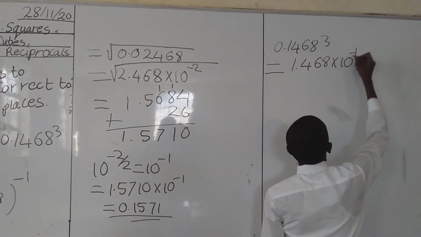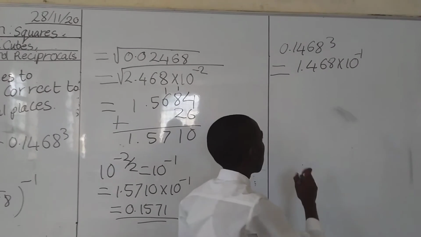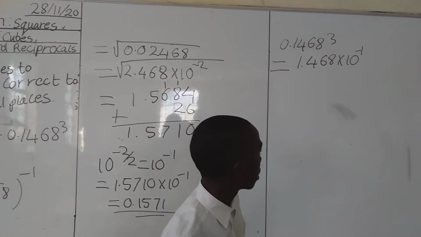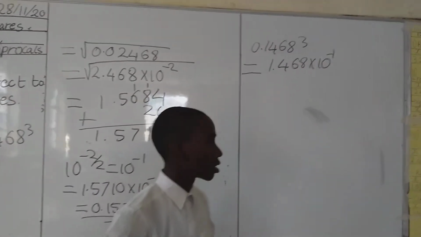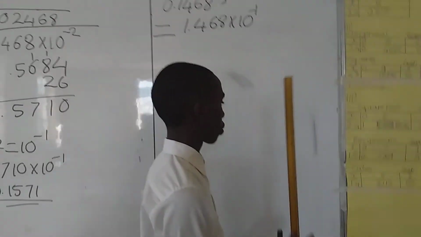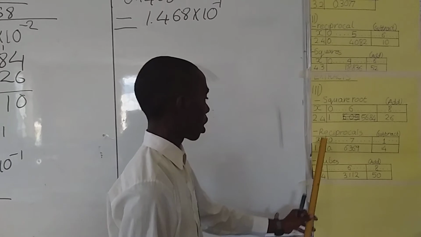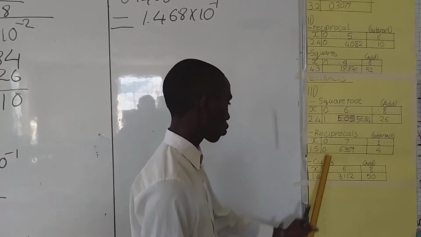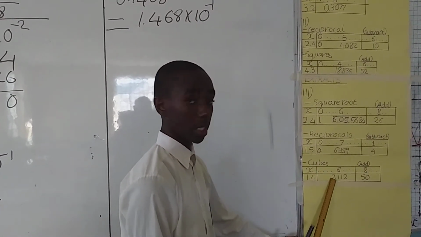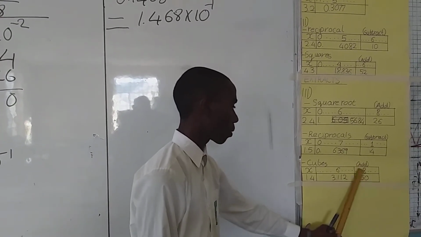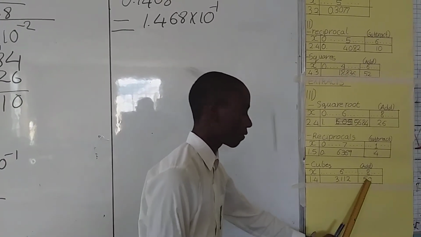We are making a small number bigger. So we'll go to our mathematical table and read off 1.468. So we have 1.4 on the x column. We go to the main column, we have 6, we have 3.112, and we go to the differences, the add column, we have 8, which is 50.